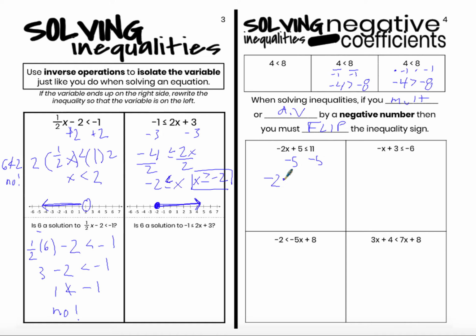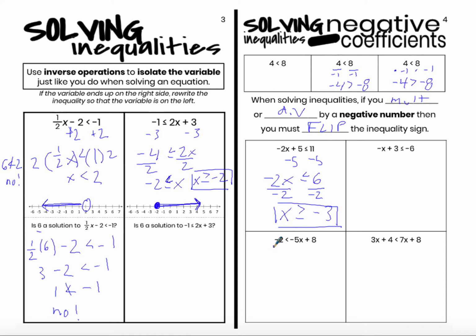Subtracting 5, so we have negative 2x is less than or equal to 6. When I divide by negative 2, that is changing the sign of my answer, so I must flip my inequality on that step. That gives me a final solution of x is greater than or equal to negative 3. So inverse operations, just like an equation, but when I divide by a negative, I have to flip my inequality.